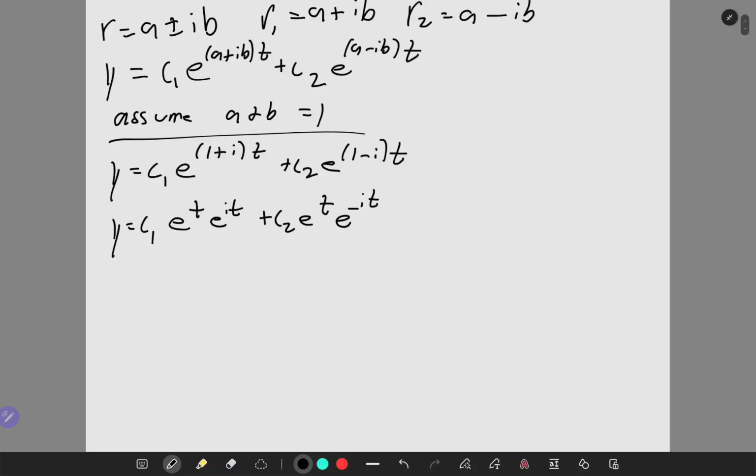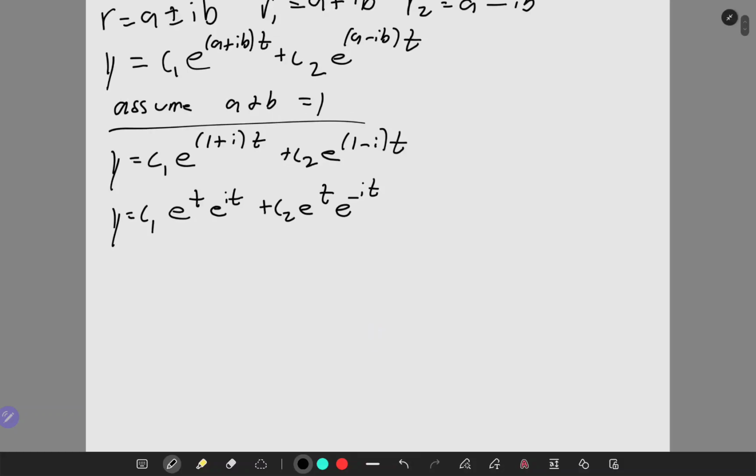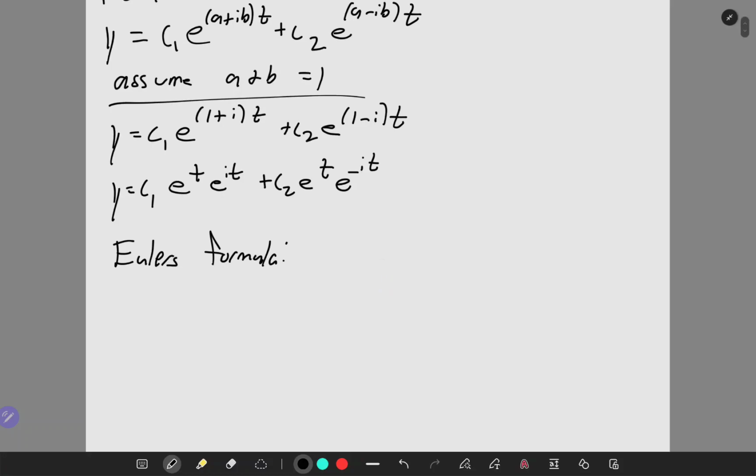So, Euler's formula, let me write this down, is e to the it equals cosine of t plus i sine of t, and that's Euler's formula.